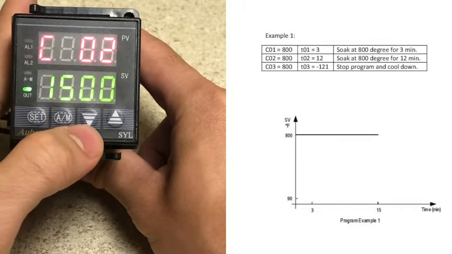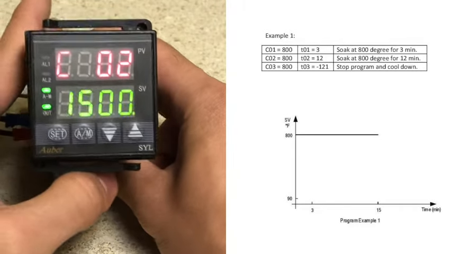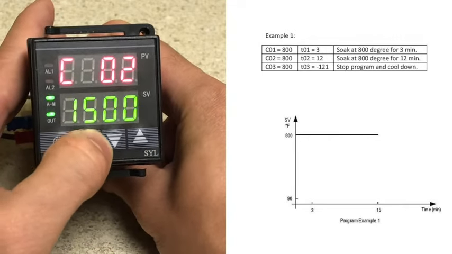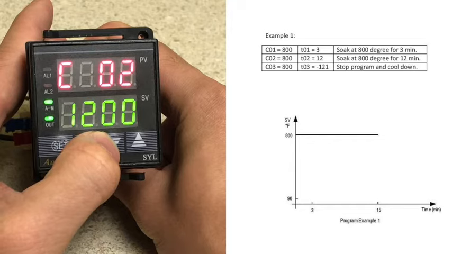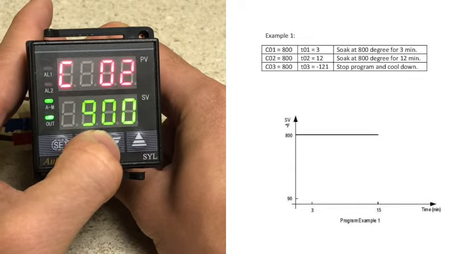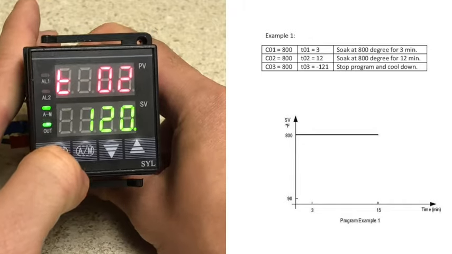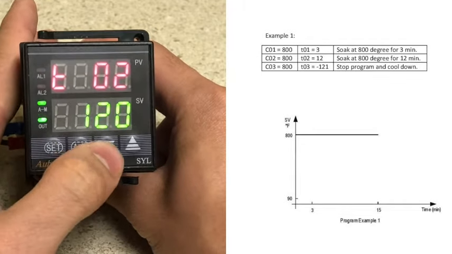Next, I'm going to change C2 to 800. I'm going to change T2 to 12.